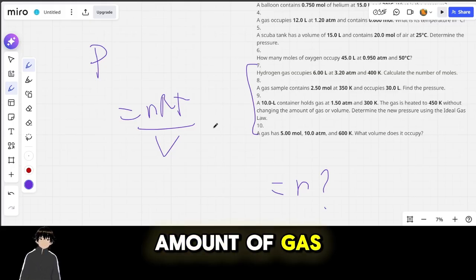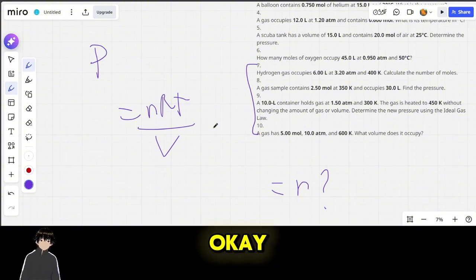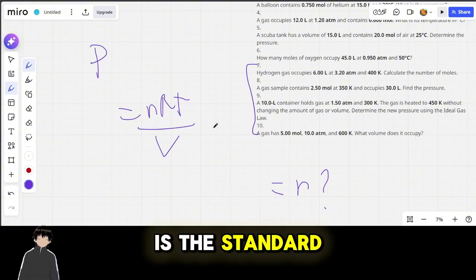So the amount of gas is going to be 1 atmosphere, because that is the standard pressure.